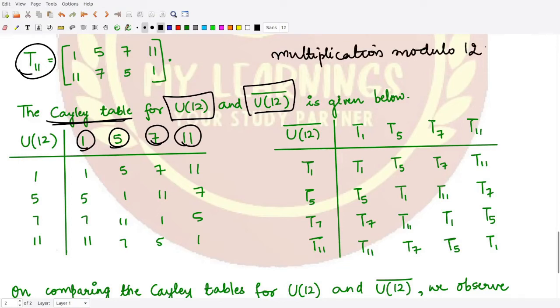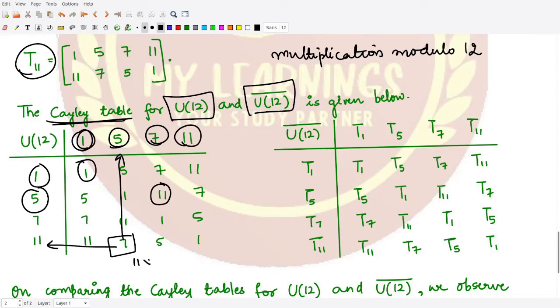So what we are doing is multiplying the element 1 with 1, which is 1. 1 modulo 12 is 1. Next, 5 with say 7. When you multiply 5 with 7, that is 35. 35 mod 12 is 11, as I told you in the beginning. In a similar manner you can complete this Cayley table. For example, for this particular element we have 11 here and 5 here.